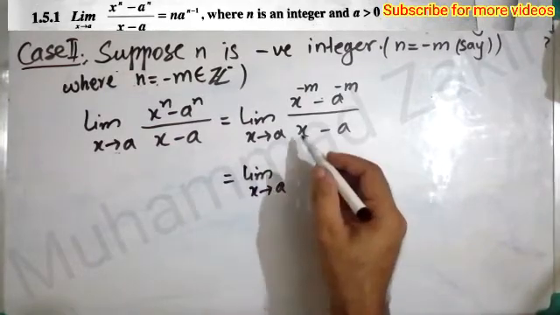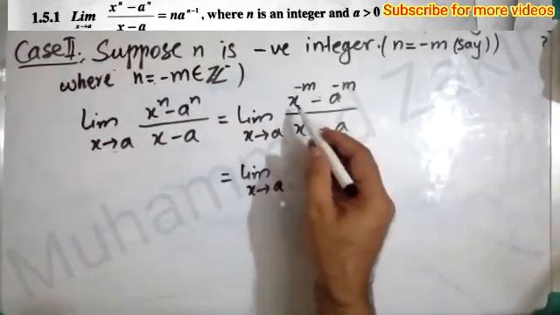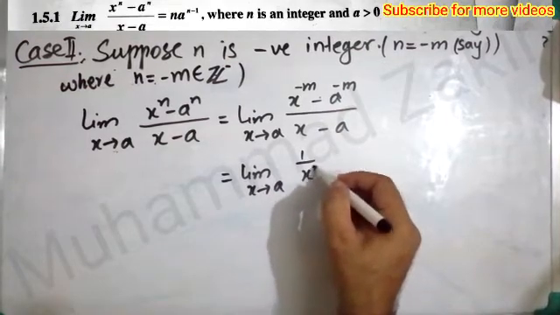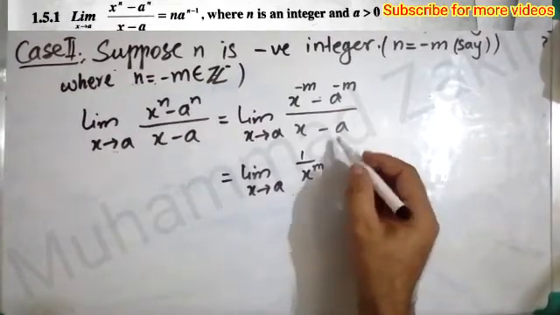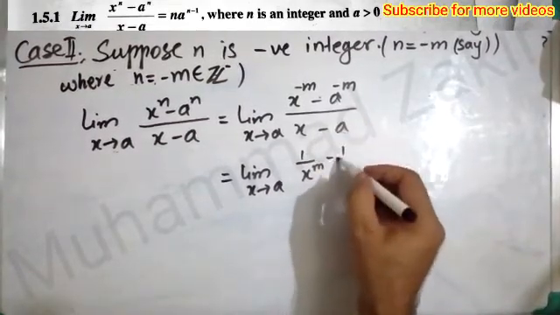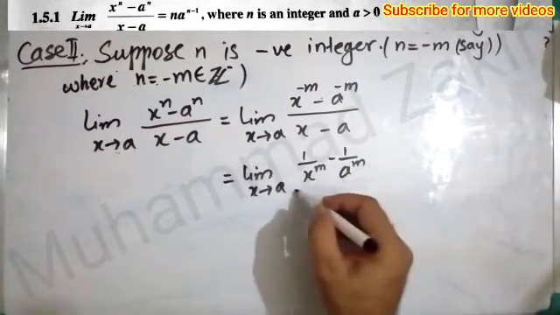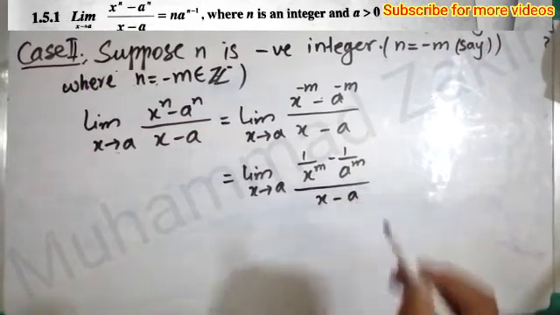We can write it as 1 by x^m. If I write 1 by x^m, the power will be positive, and 1 by a^m, divided by x minus a.